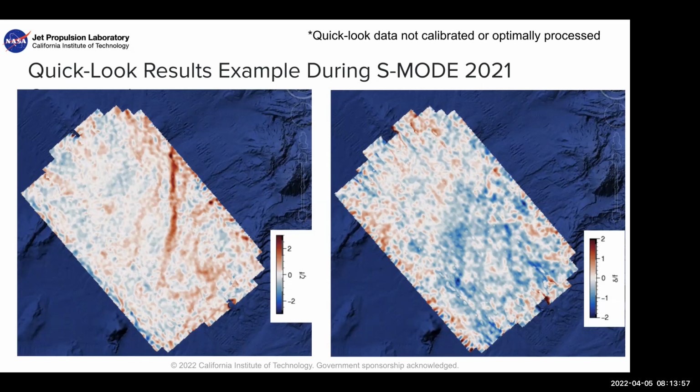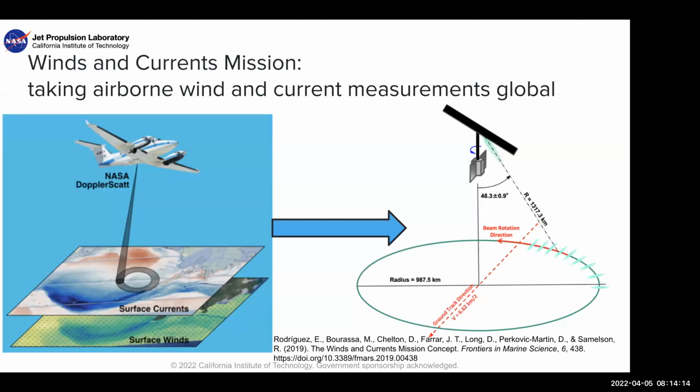And I have plots here, relative vorticity over the Coriolis parameter for our location in the California current system. So you can see that this is pretty promising in terms of identifying regions of dynamical interest. So how do you go from an airborne system to a spaceborne system?